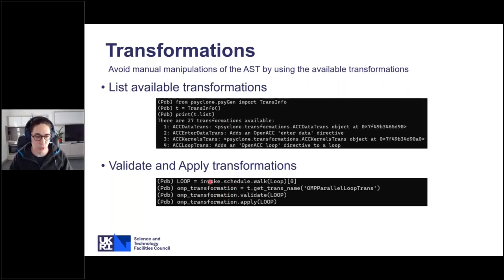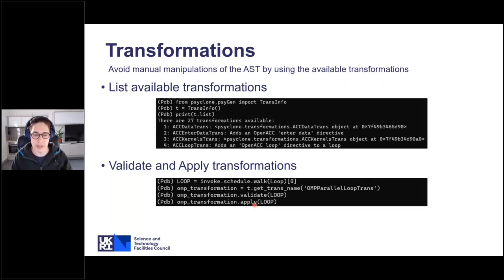And then you have to do these four steps. One is choosing which node you want to apply the transformation to. Second is choosing which transformation you want to apply. Third, an optional step, is to validate if the transformation can really be applied to that node. And the final step is to apply the transformation.